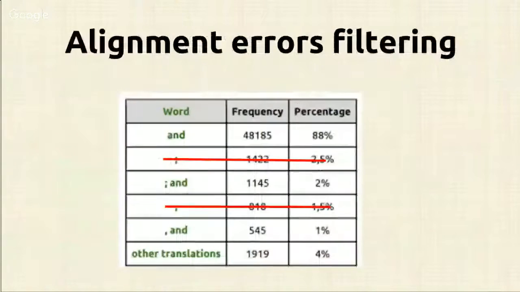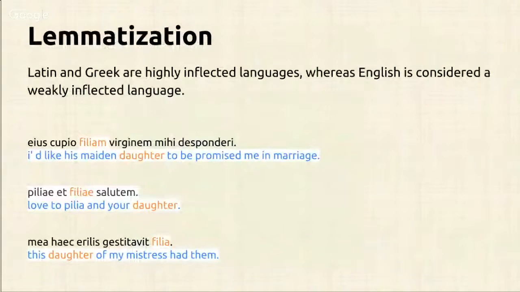So the first step is to deal with these errors, to filter the result, deleting them. In this case, we can find that it is aligned to "and". The second step is the lemmatization. As we know, Latin and Greek are inflected languages, whereas English is a weakly inflected language.